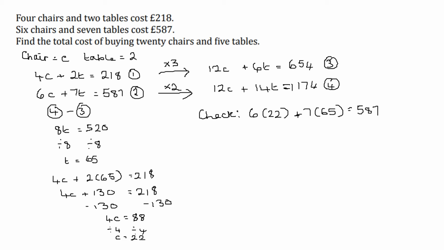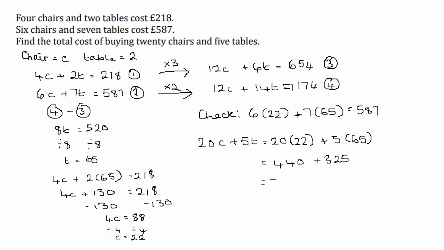So I need to find the cost of 20 chairs and 5 tables. So 20c plus 5t is equal to 20 lots of 22 plus 5 lots of 65, which is going to give me 440 plus 325, which will give me 765.